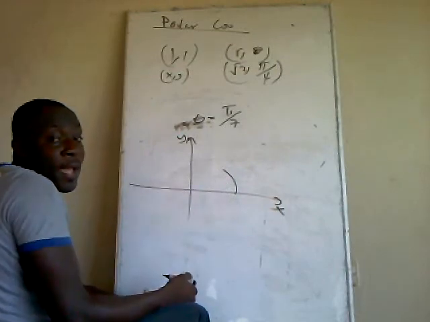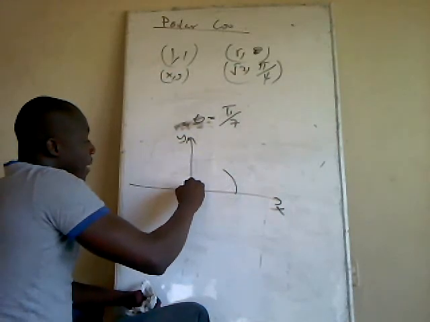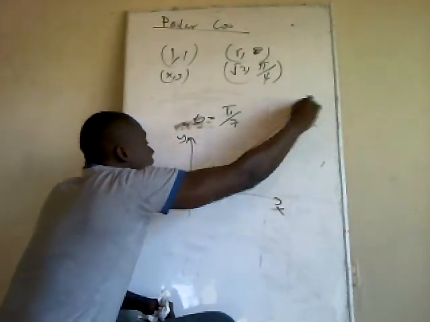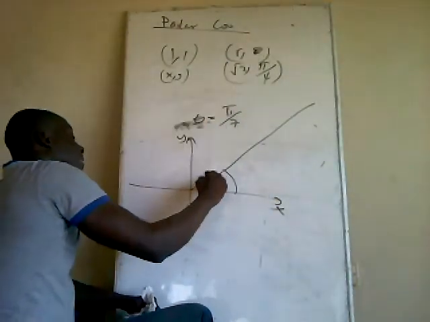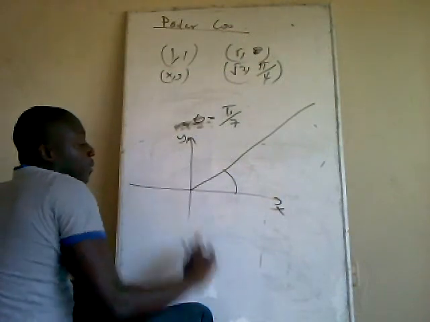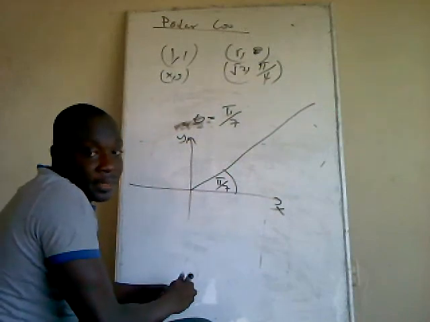And because I've not defined r, r will go to infinity. So I stand here and draw a line straight through. So it's a line that makes an angle pi on 7 with the x-axis.